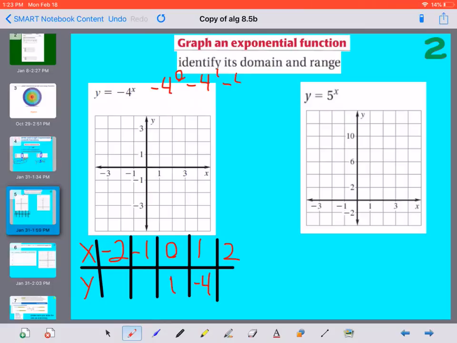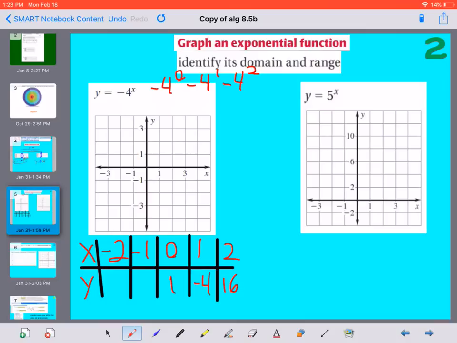And -4 to the second power, or squared, that's going to give us a +16.